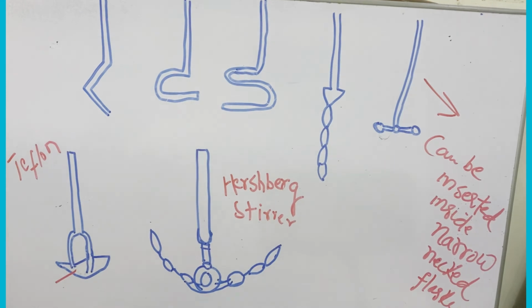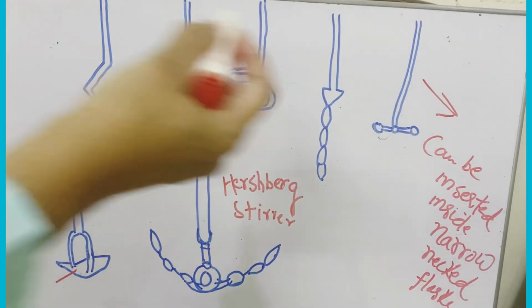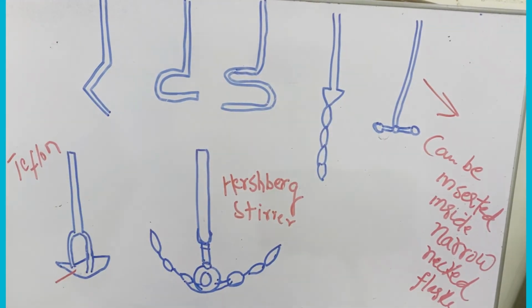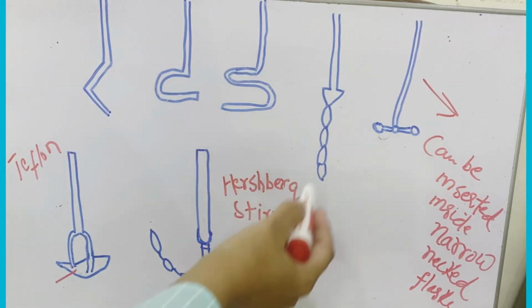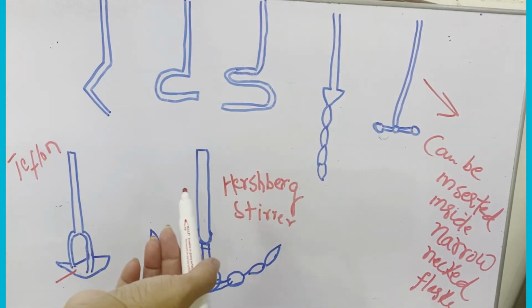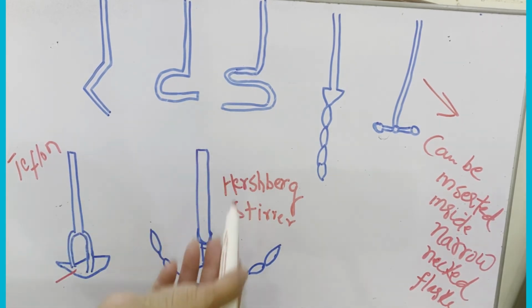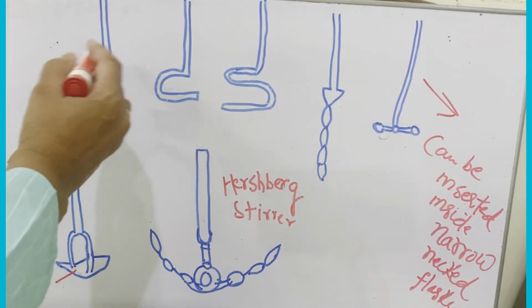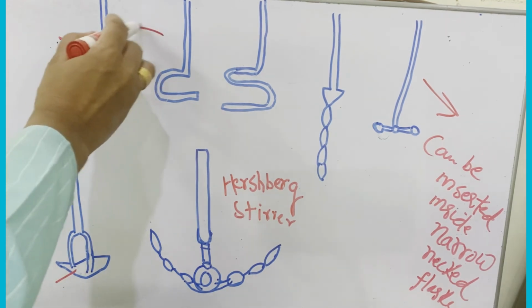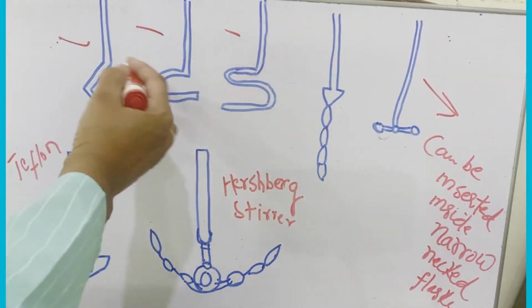So now you can see the different types of stirrers I have made for you to see, right? They are all glass stirrers, and I have named them also. They are used in the laboratories, right? And they can be easily made by a student.